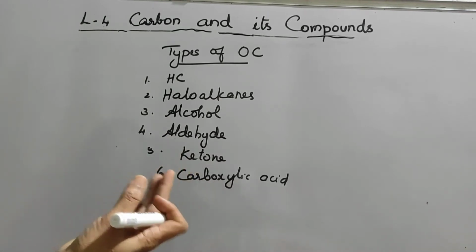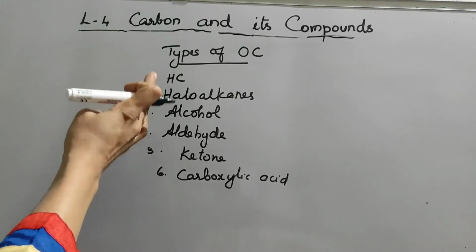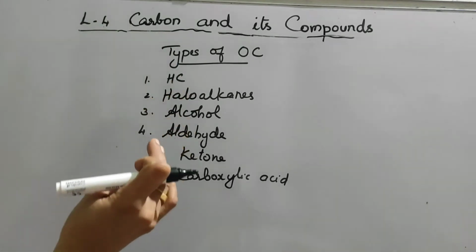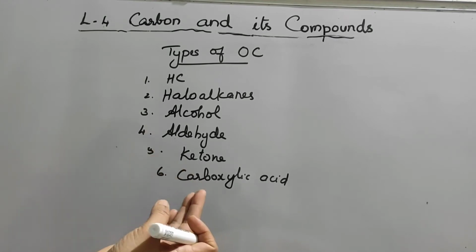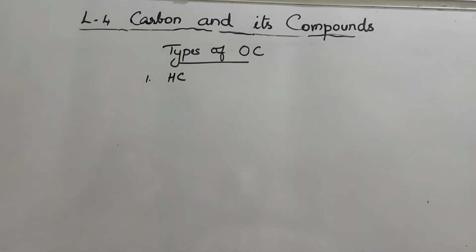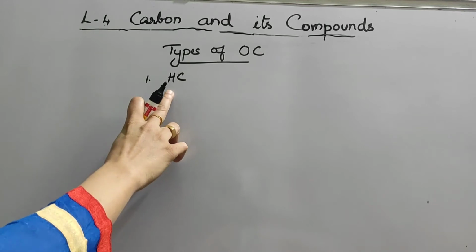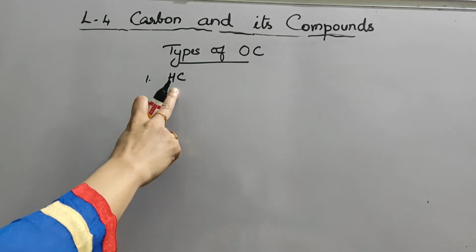Now we are going to study separately hydrocarbon, haloalkane, alcohol, aldehyde, ketone and carboxylic acid: their functional groups, structures and reactions. Let's study the hydrocarbon. How can we define hydrocarbon?